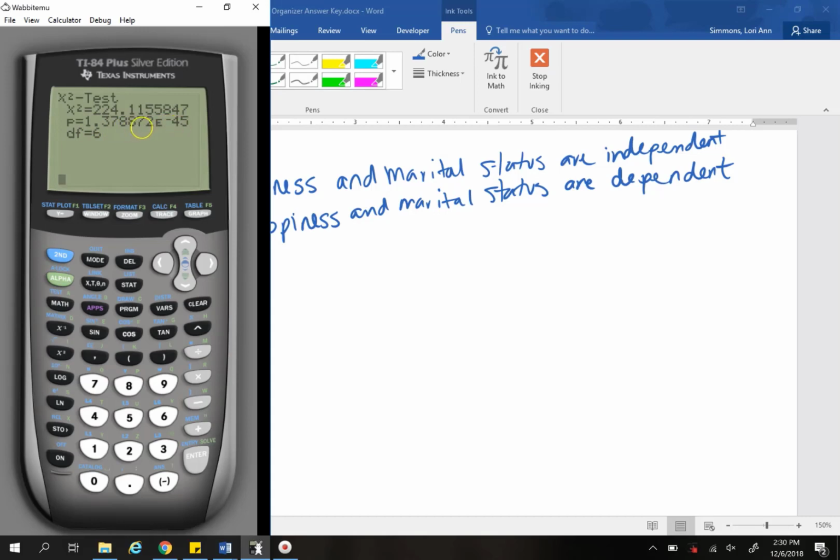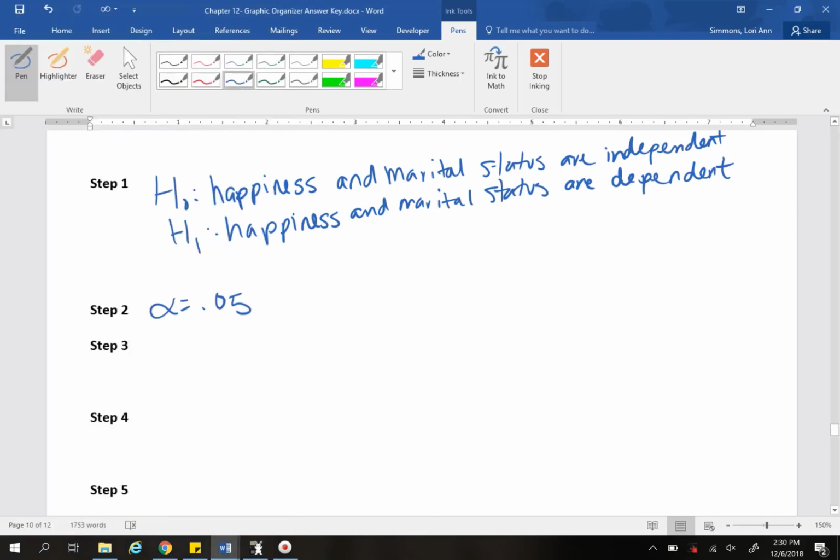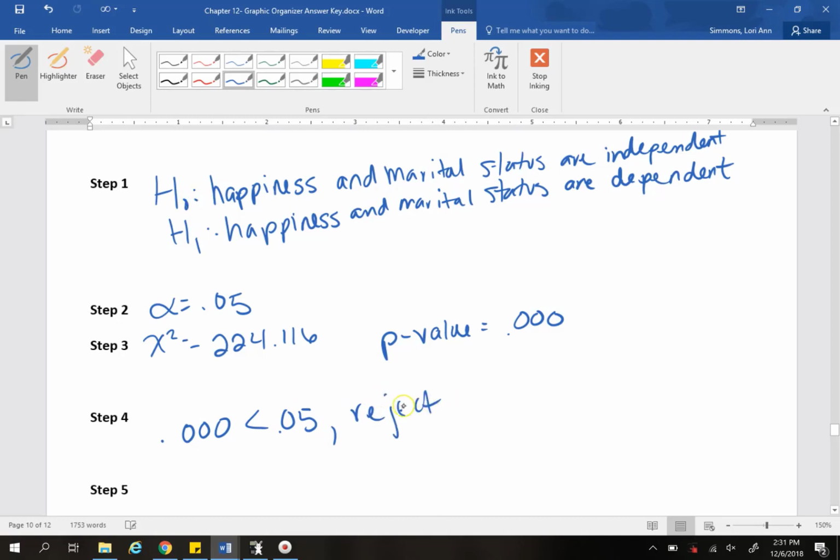This means you're going to move the decimal 45 spots to the left. When you move 45 spots to the left, basically your p-value is 0. Take that p-value, compare it to your alpha. It is less than alpha, so we reject the null hypothesis.